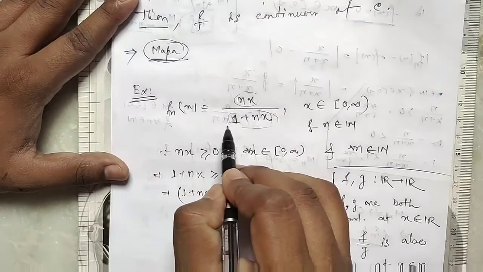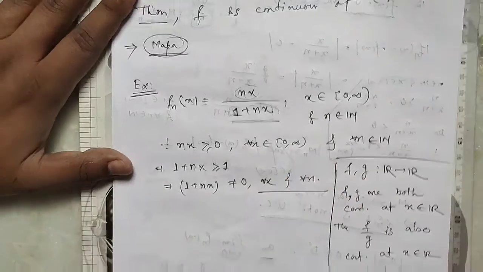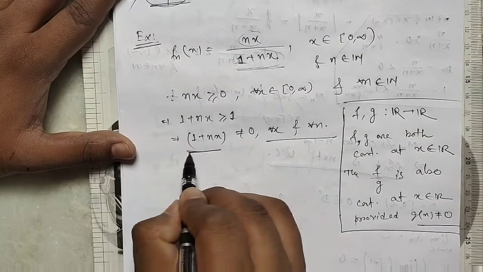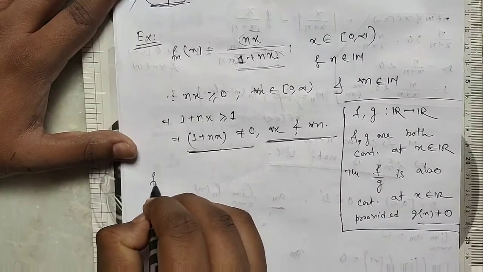So f_n(x) is a continuous function provided 1 + nx is not equal to 0. Clear? And this is not equal to 0 for every x.